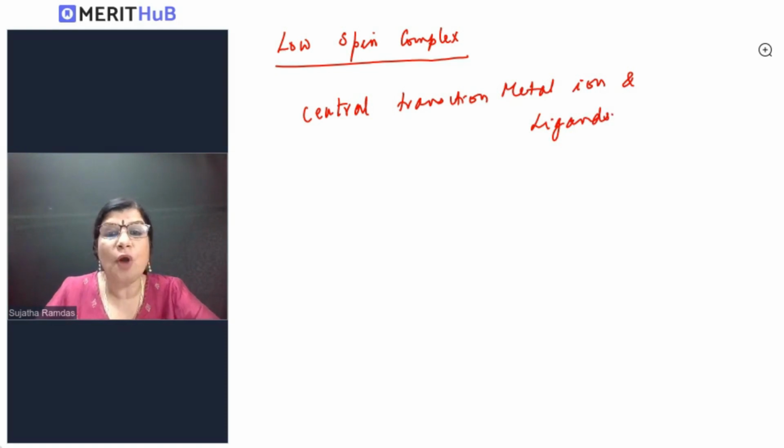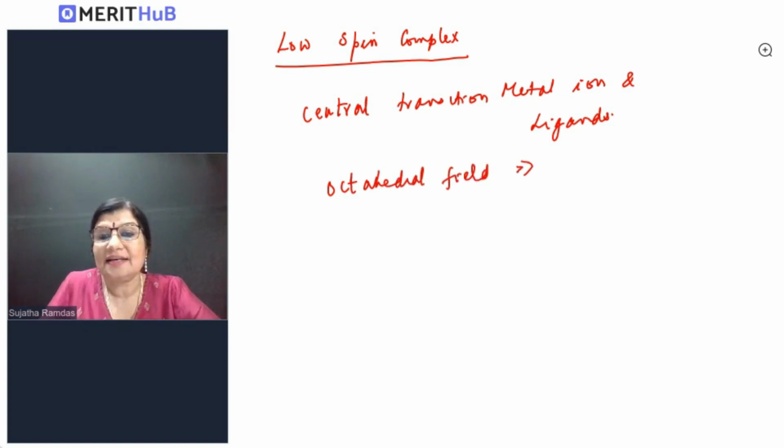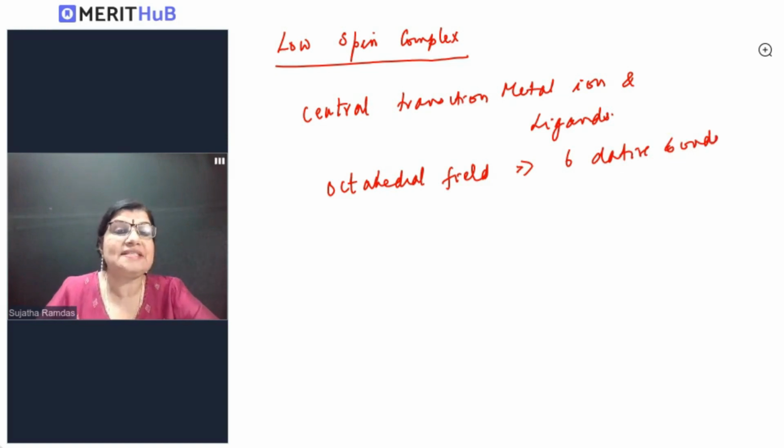The type of bond between the transition metal ion and the ligands are dative bonds or coordinate bonds. When we talk about an octahedral field, it implies that there are six dative bonds surrounding the transition metal ion.